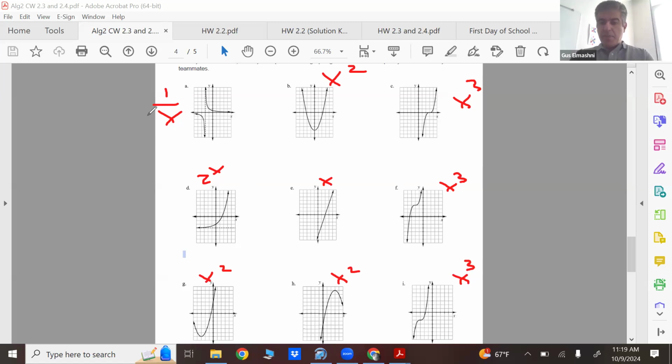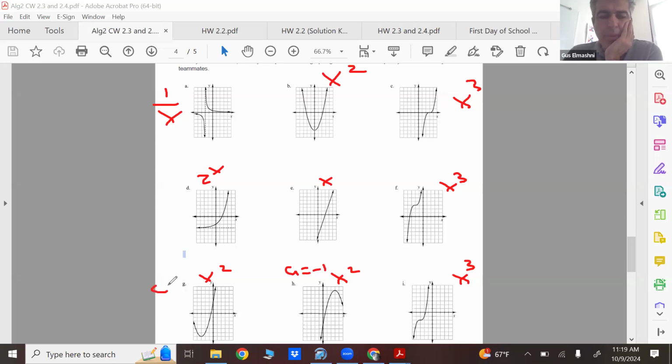The a values, I think, for the most part, should be pretty easy to figure out. I don't think the a value will change. I think a would be 1 in almost every case. Yeah, I think a is 1, except for e. E is just a line, so just do point slope form. But if it's going down, a will be negative. Like here, a will be negative 1.